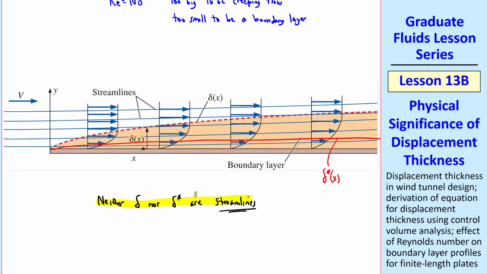And the streamlines in fact cross these curves of delta and delta star. Also note that even though this is a greatly exaggerated vertical scale, the v component of velocity is still quite small compared to the x component. These streamlines veer upward ever so slightly, as you can see in this figure.